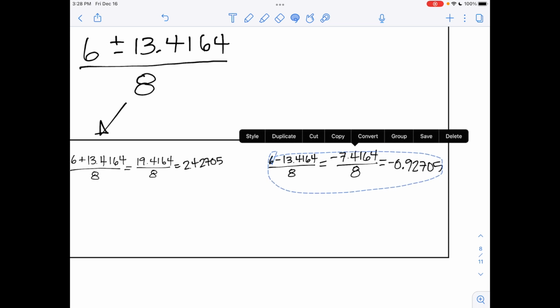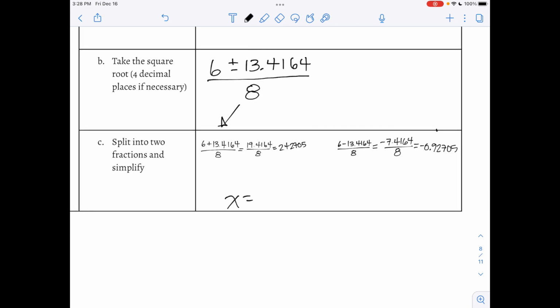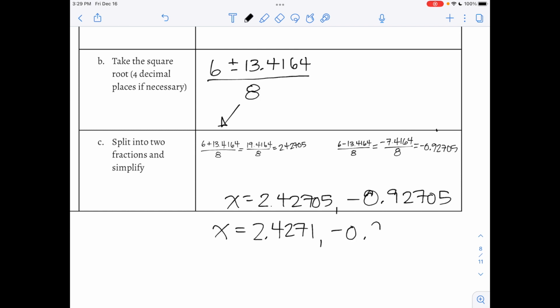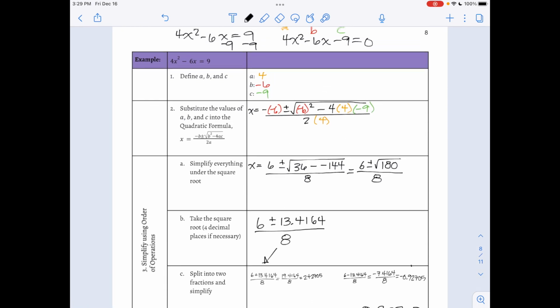Okay, so our two solutions here, x equals 2.42705 and negative 0.92705, which we can round, since I said always do 4 decimal places. We'll do 2.4271 and negative 0.9271. So those are two different situations for quadratic equations for solving using the quadratic formula.